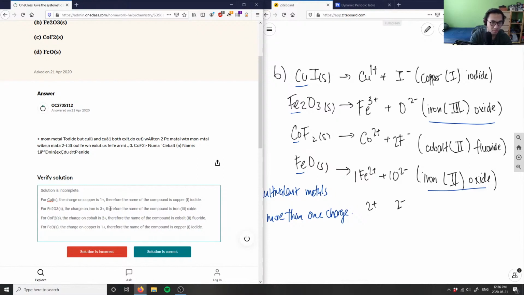For FeO here, the charge on iron is going to be 2 plus. Therefore, the name of the compound is going to be iron(II) oxide. And this is the full solution for this problem here.